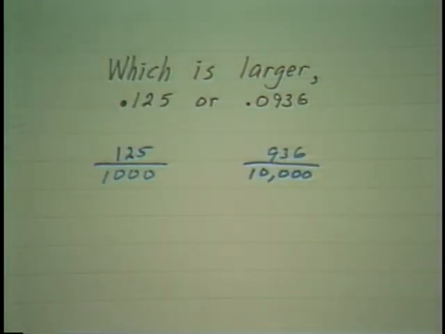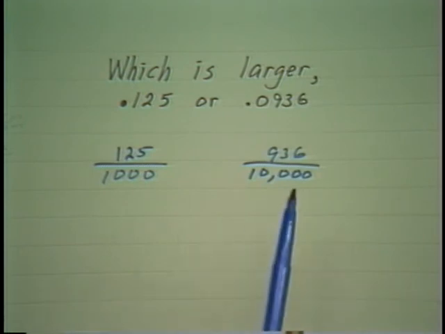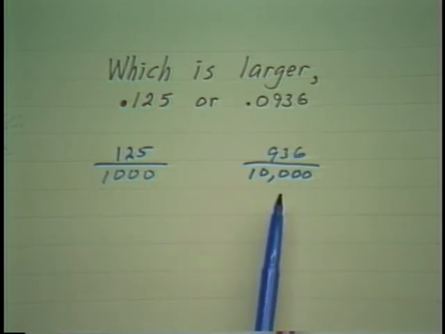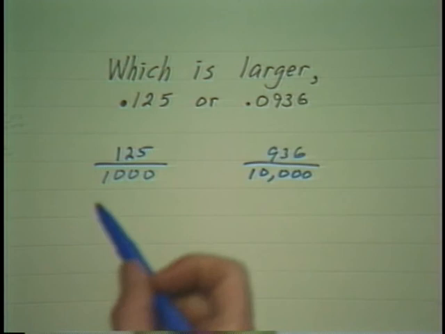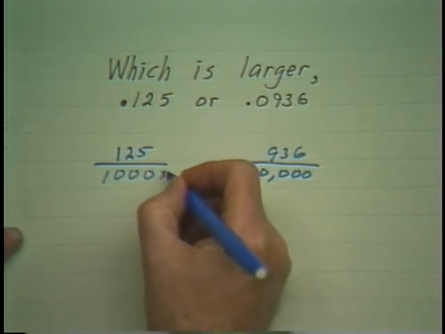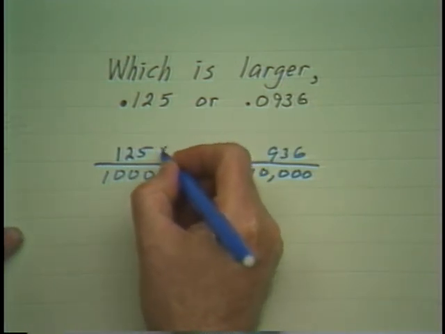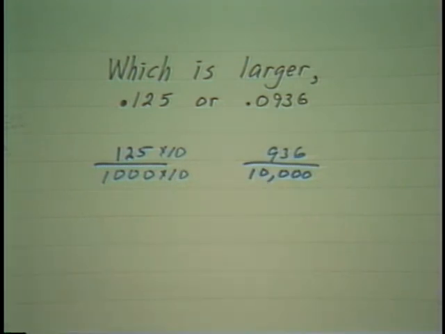And recall from fractions days, we could not order fractions unless they had the same denominator. And I can make this 1,000 become 10,000 by multiplying top and bottom by 10.